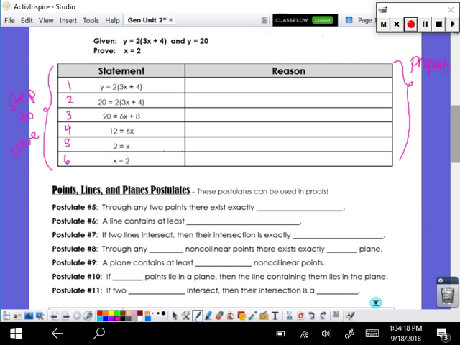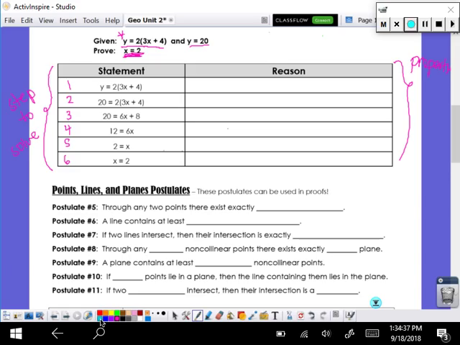So you're going to have a given statement. Our given statement is y equals 2 times (3x plus 4), and we know that y equals 20. We're trying to prove that x equals 2. So basically we're solving this given equation to get our proof statement.